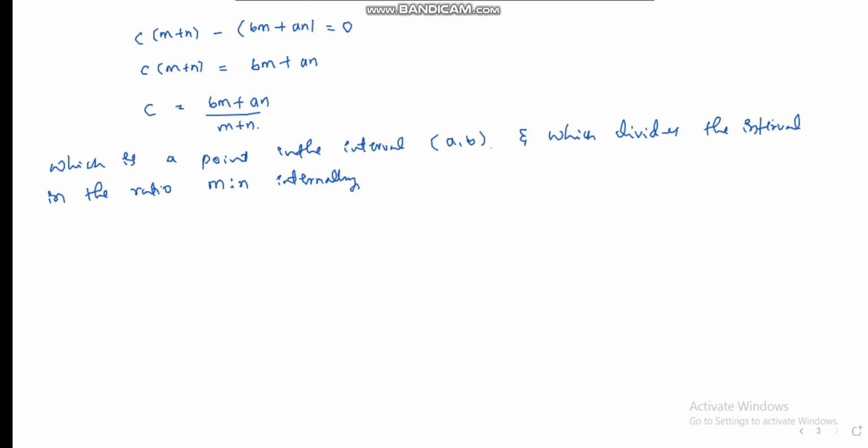Hence Rolle's theorem is verified. Yes, this completes your first sum.